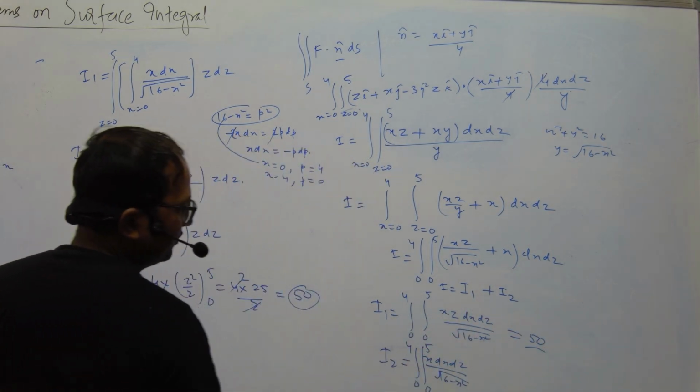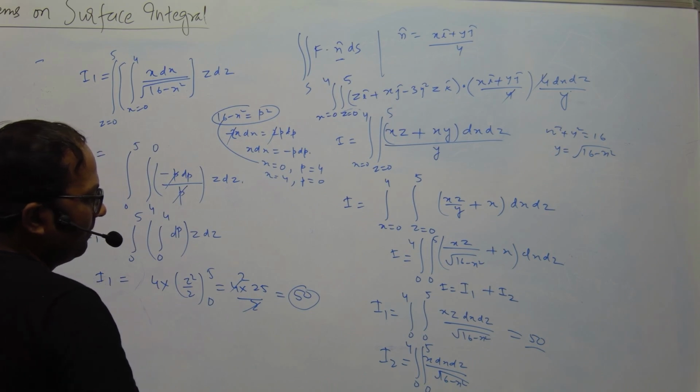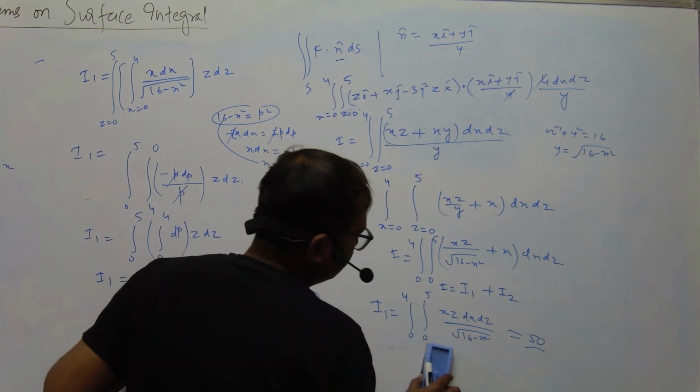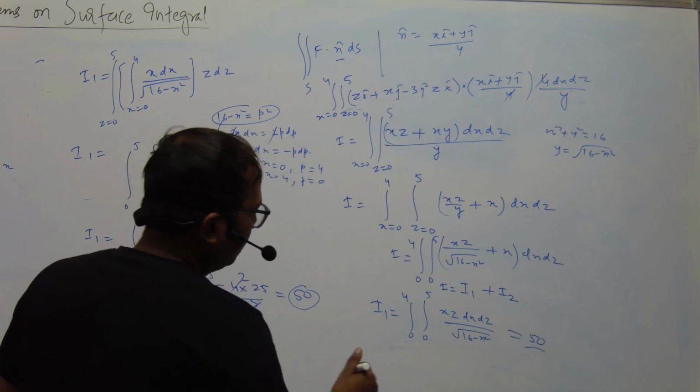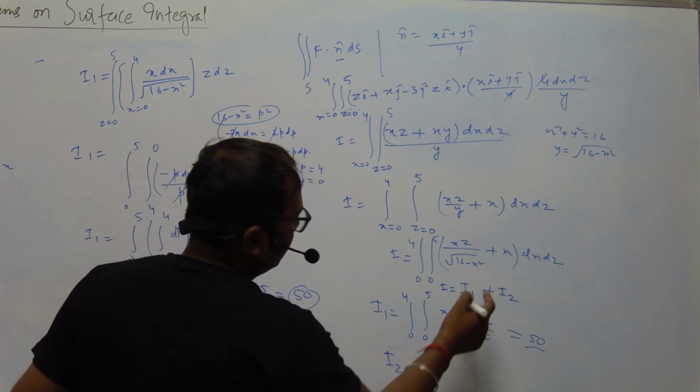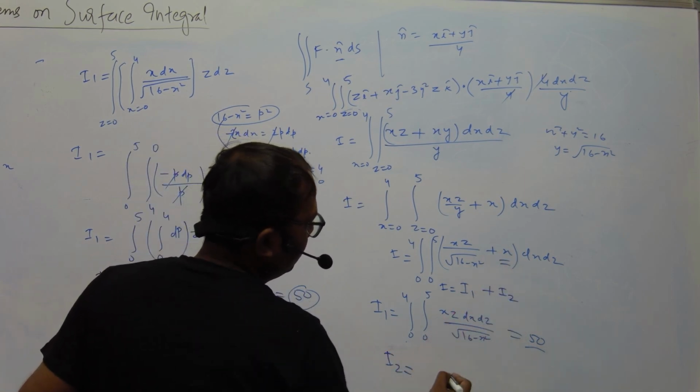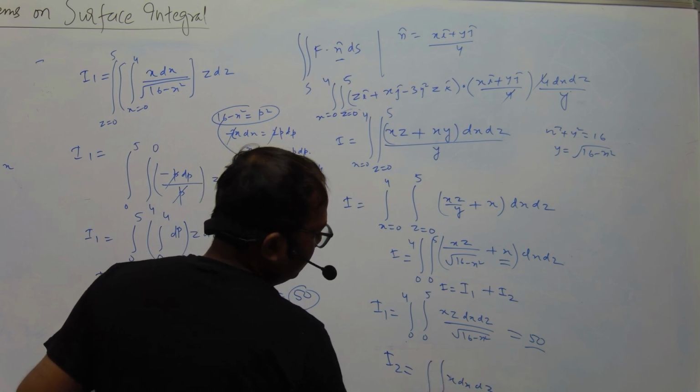Now let us find I2. The value of I2 will be the double integral of x dx dz, with x equal to 0 to 4 and z equal to 0 to 5.